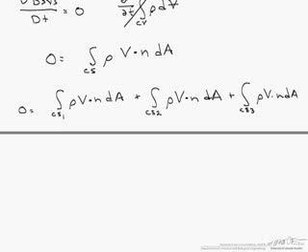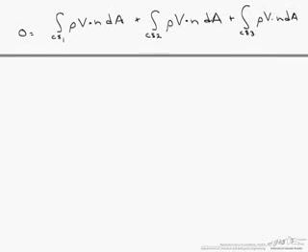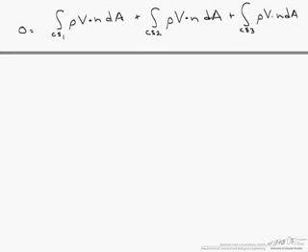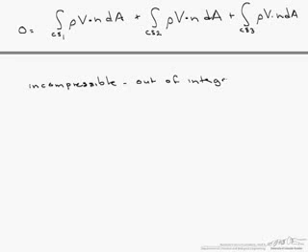Now there are a number of things that can make this equation simpler. First of all, we're going to assume that rho is constant, that it's incompressible, so we can take it out of the integral. And if we do that, you notice that we can then cross out rho.